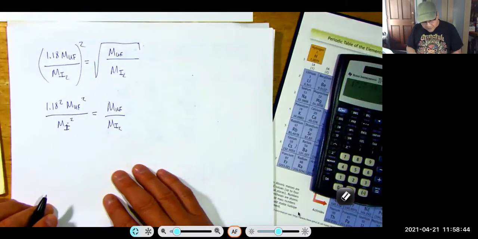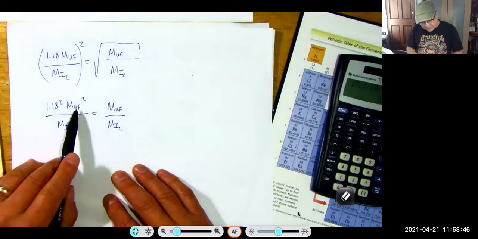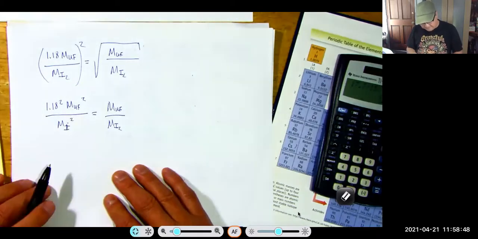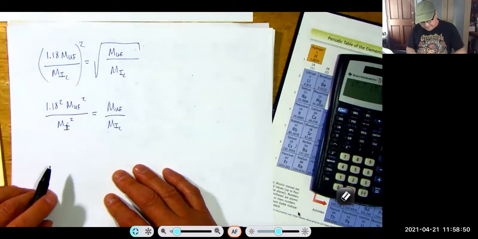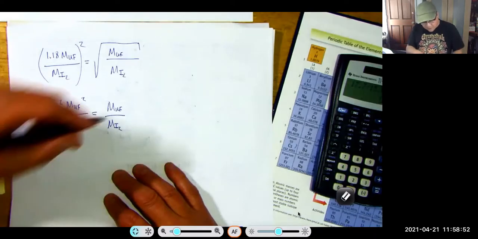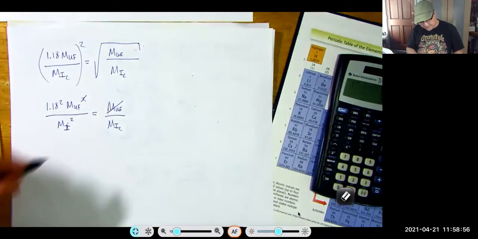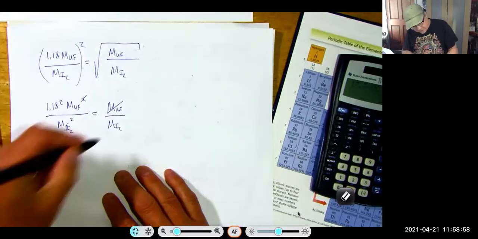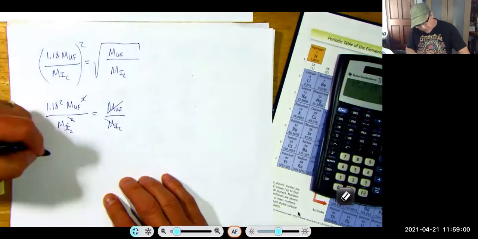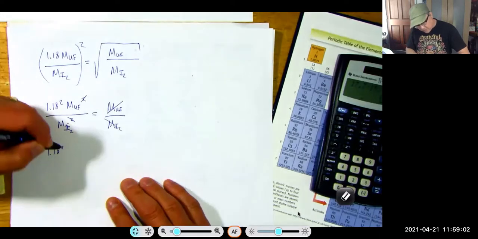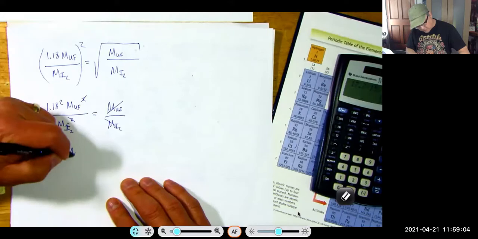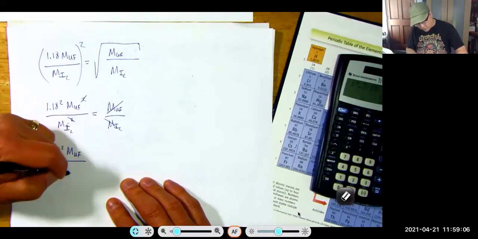So what happens to one of the molar masses of UF? It cancels. What happens to one of the I2s? Cancel. So we get 1.18 squared times the molar mass of UF over the molar mass of I2 is equal to 1.